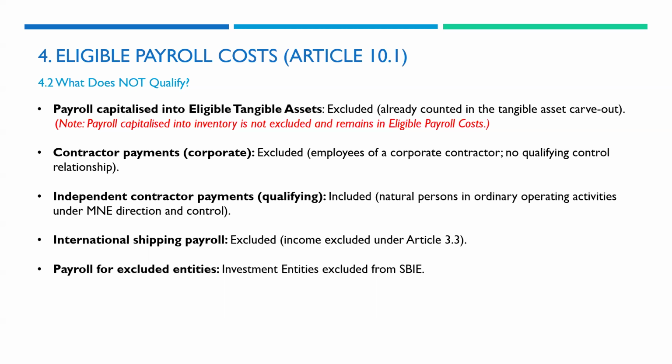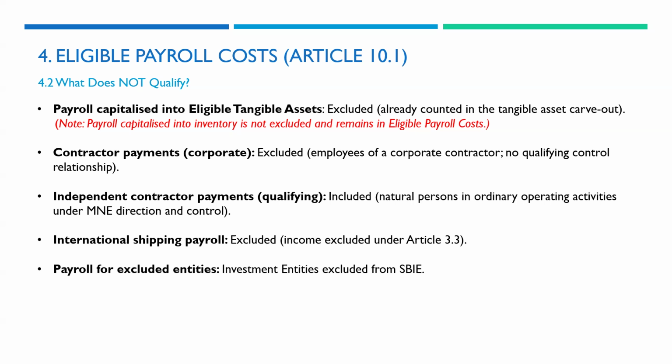Another reason is research and development. There are two things called research and development while capitalizing intangible assets. Development costs get capitalized and the research ones are expensed. So there might be salaries also: all these research scientists taking salaries, their payroll might be capitalized. What you have to understand is all capitalized payroll is excluded and would not be taken into SBIE, except payroll capitalized into inventory.